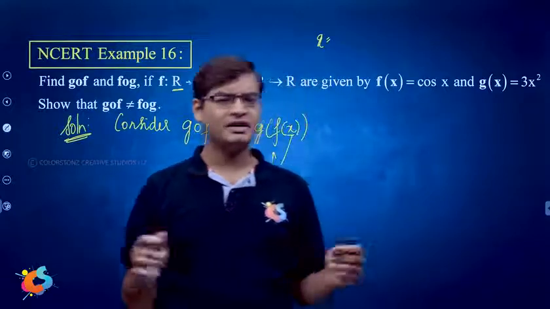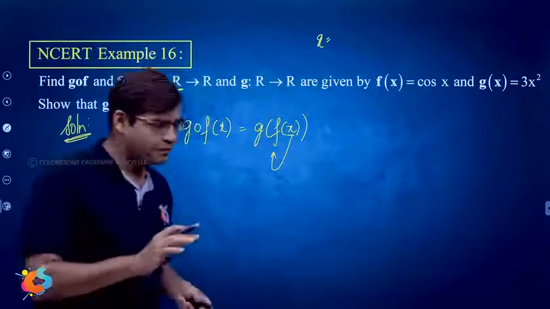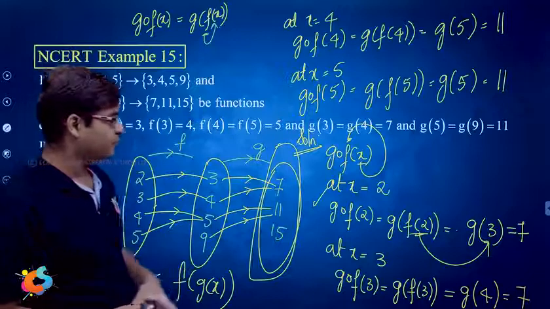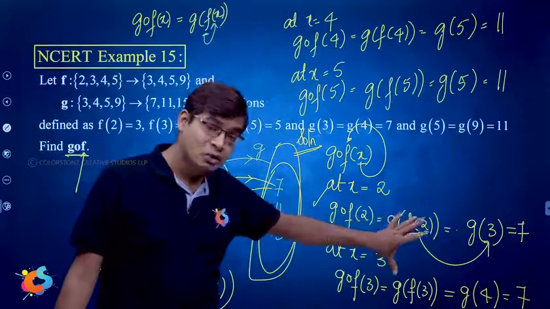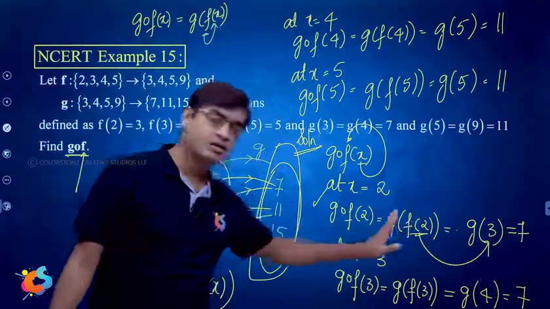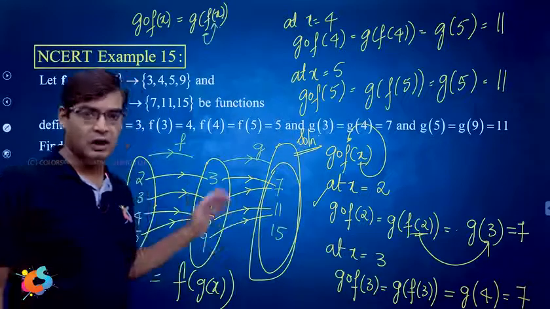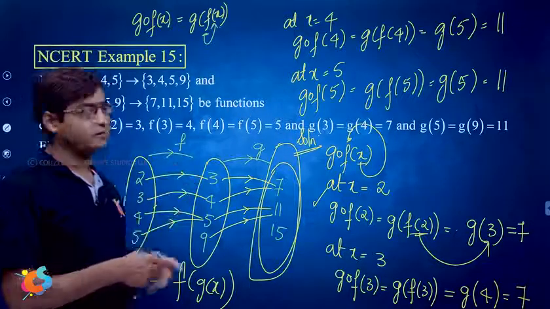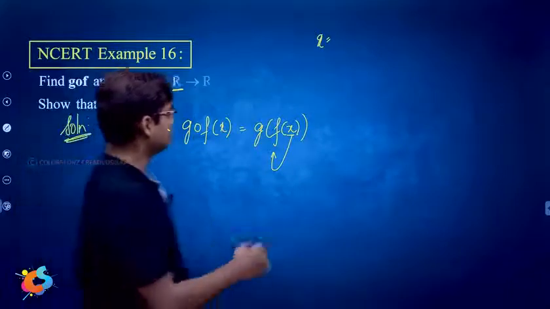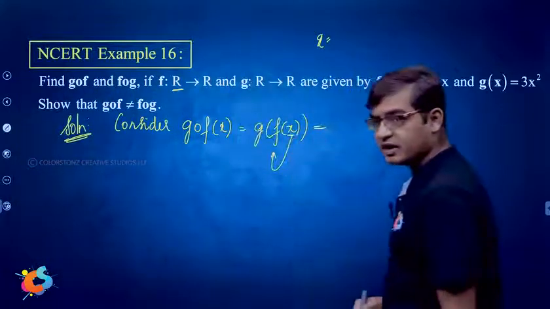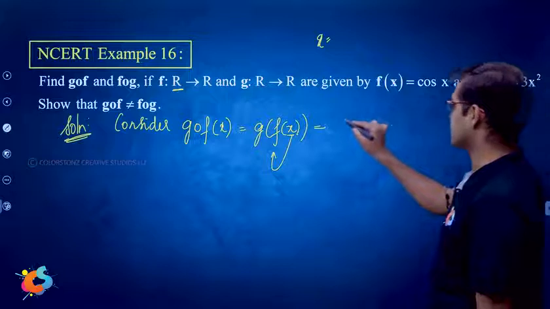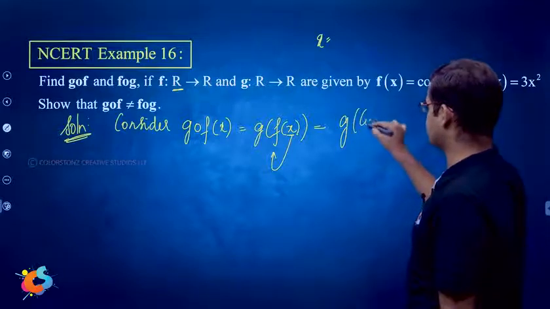Then what to do? Very simple. The same procedure as we were doing before: just replace the innermost function first and then gradually work outwards. So first I will replace f of x. What is f of x? Cos x, so I will write cos x.